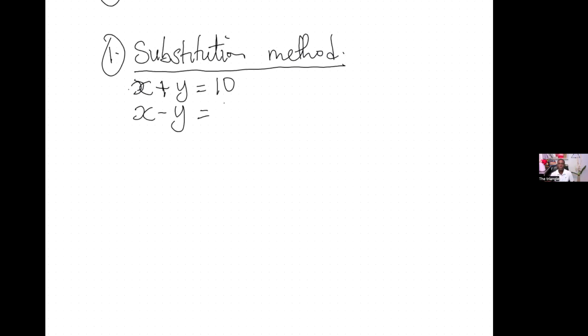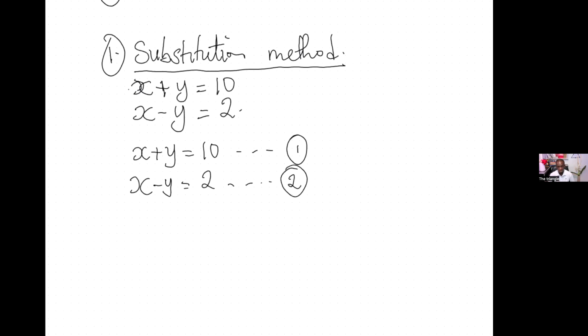Now, the first thing we have to do here is to name the equations. We'll call the first equation, x plus y equals 10, our equation 1. Then the second equation, x minus y equals 2, our equation 2.